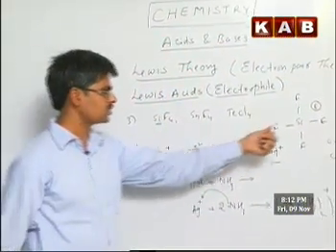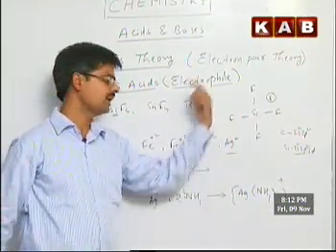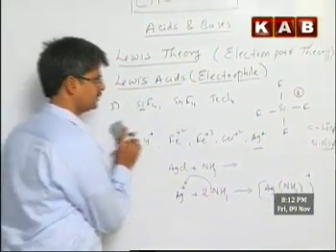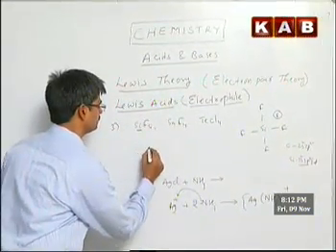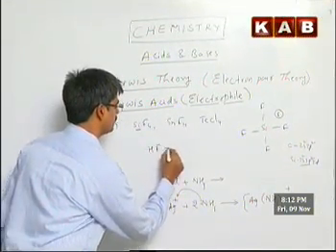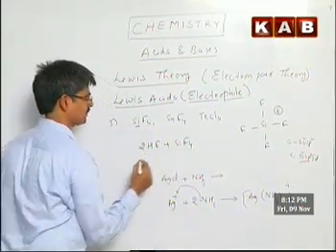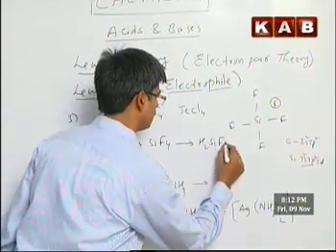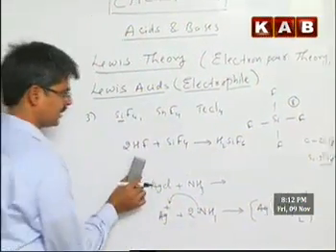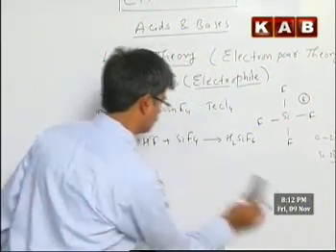Let us take a reaction of silicon tetrafluoride, how it is taking electron pair from another species now. If you take that particular reaction here, now HF reacts with silicon tetrafluoride. Of course it reacts with 2 molecules of this one and finally forms H2SiF6, which is called hydrofluorosilicic acid, a water soluble complex here.